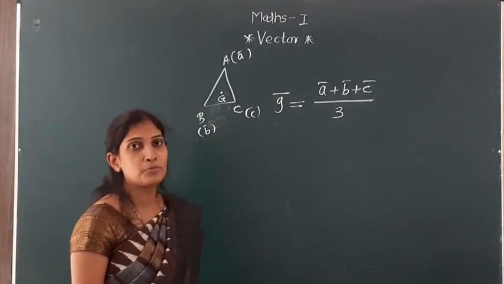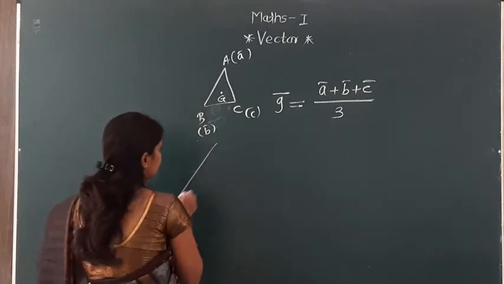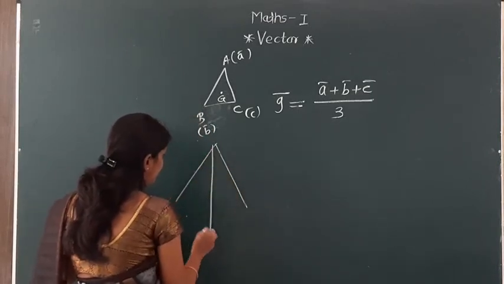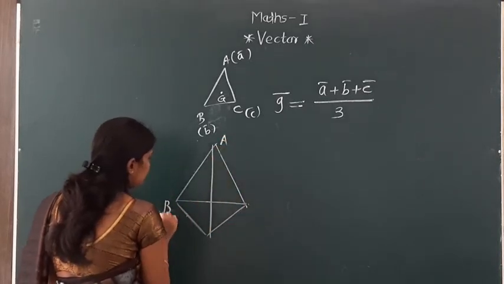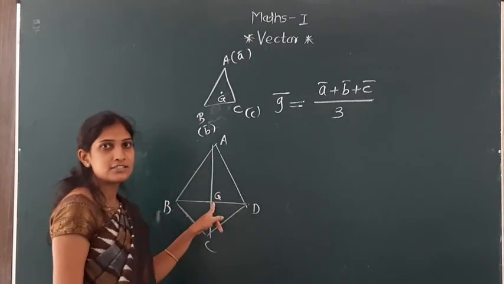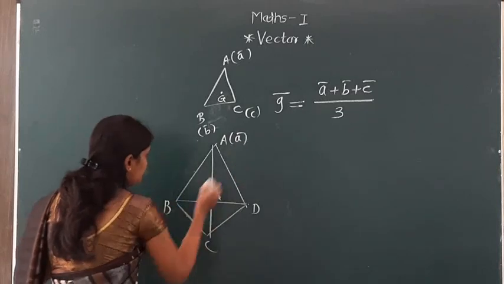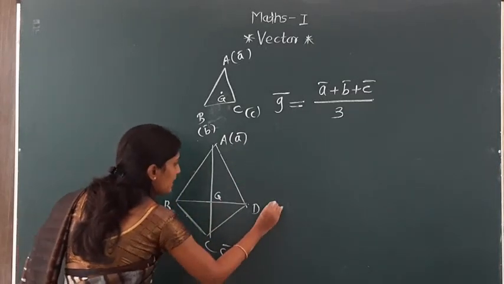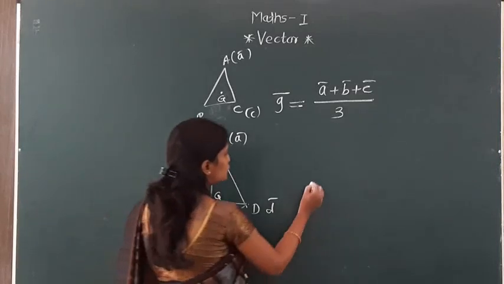Now the centroid formula of a tetrahedron. If there is a tetrahedron A, B, C, D, and this is the centroid of the tetrahedron, with position vectors A bar, B bar, C bar and D bar, then what is the value of G?